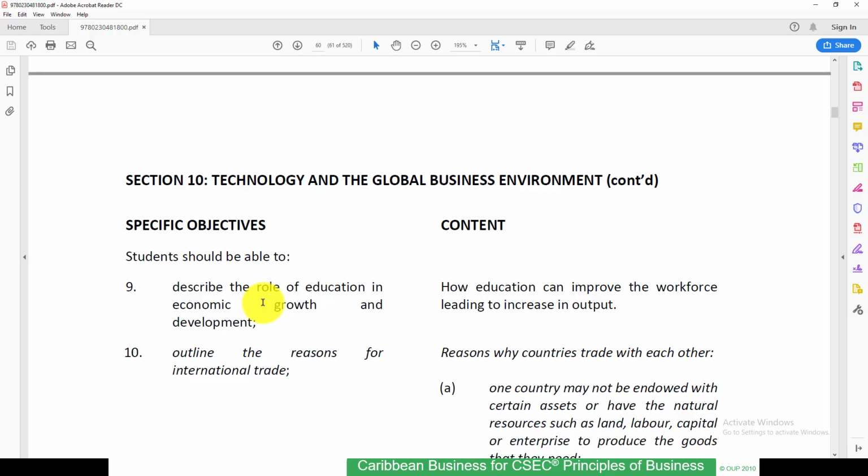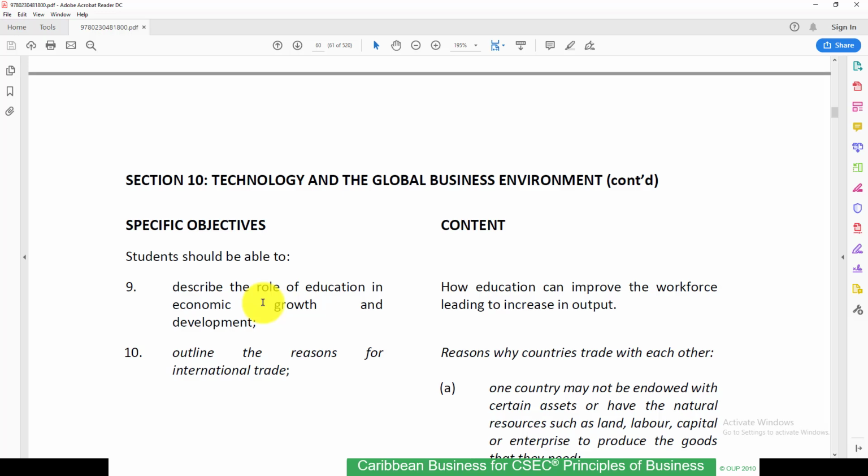So all that would lead to development within that country, and all that would lead to growth in that country. So education is a key driving force in both growth and development. If you have a country where the citizens are uneducated, then that country would not have improved economic growth, and they would not have development. You'll have a poor, poverty-stricken country.